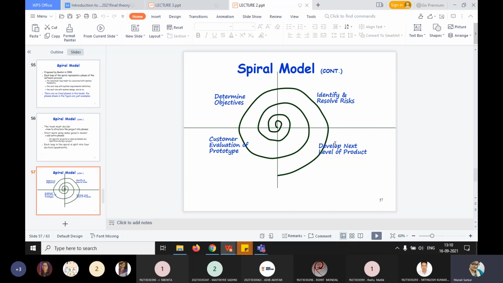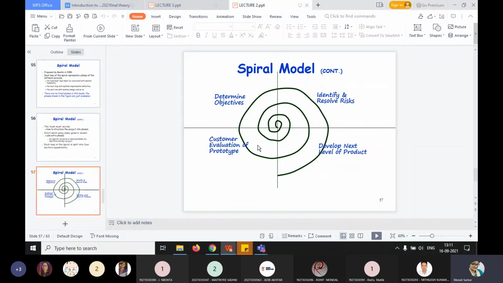Here the exact number of loops of the spiral is not fixed and can vary from project to project. This is a loop kind of structure, starting from here and rotating up to this.